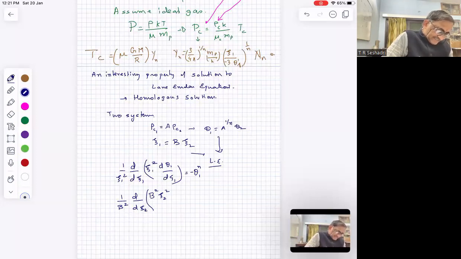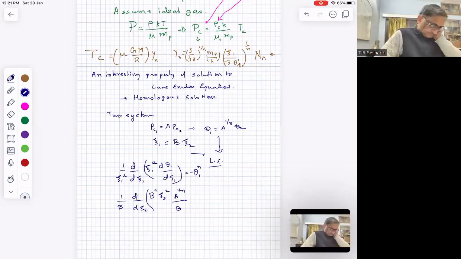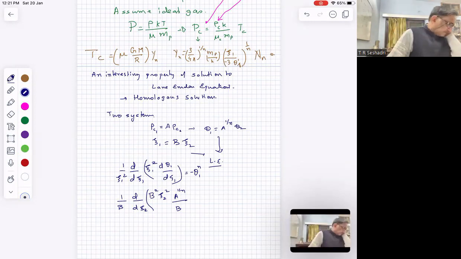And then there is this theta 1. So d theta 1 will be a to the power 1 by n divided by b, not b square, sorry. This is just b. Is it correct?